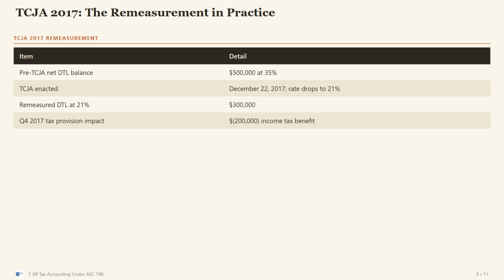So that same balance had to be remeasured immediately. $500,000 times 21 over 35 equals $300,000. The difference, a $200,000 swing, was recognized as a one-time income tax benefit in the fourth quarter of 2017, purely because the DTL shrank in value.